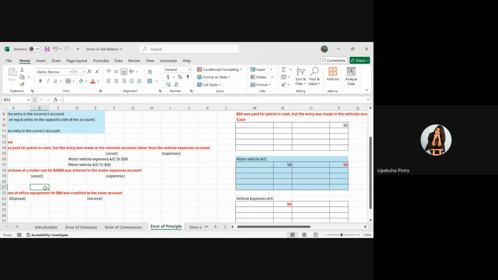Removing from motor expenses means motor expenses account credited by 2000. Putting it to motor van means motor van account is debited by 2000.